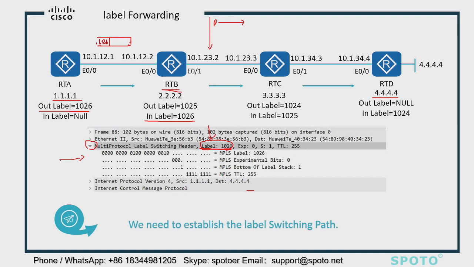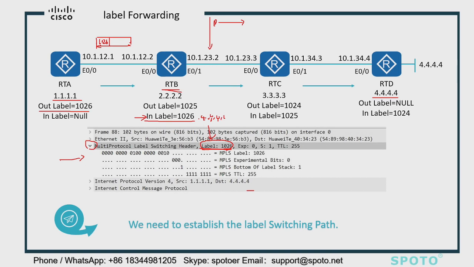Okay, so when RTB receives the packet with the label 1026, it will search the MPLS forwarding table. If the in label is this one, it means the destination address is 4.4.4.4.